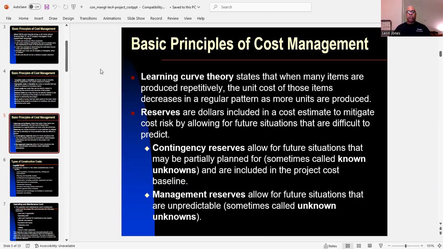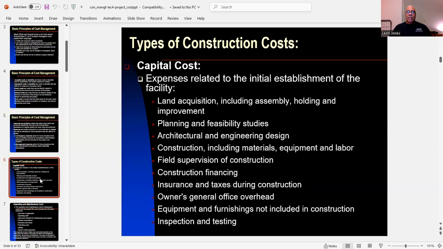You have your management reserves. Management reserves allow for future situations that are unpredictable, sometimes called unknown unknowns. So under contingency, you have known unknowns, and under management reserves, you have unknown unknowns.